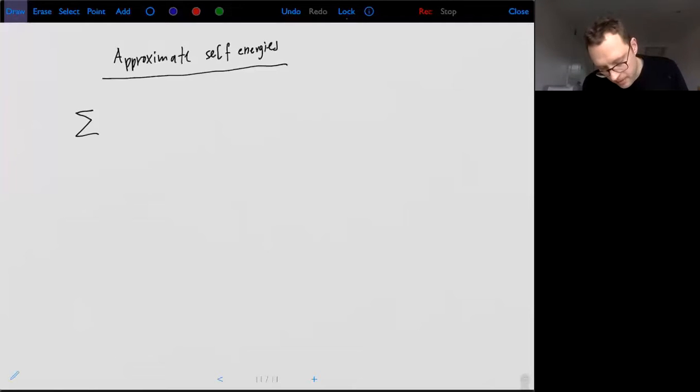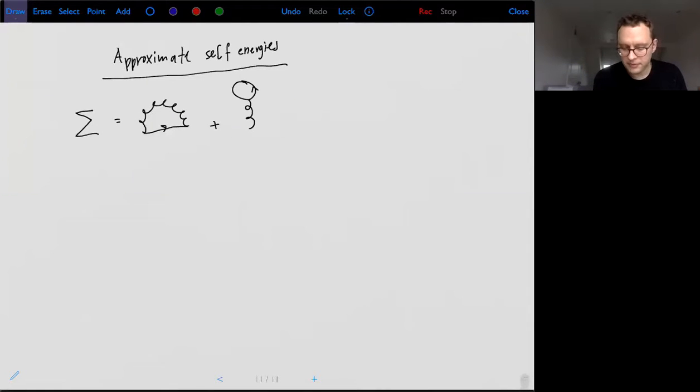We can write sigma, and if we only take the lowest order diagrams into account, which are these two, you see that both of these are irreducible. You cannot cut them into two by cutting a Green's function line. These are the ones we evaluated a little while ago, and these are of course the Fock diagram and the Hartree diagram.